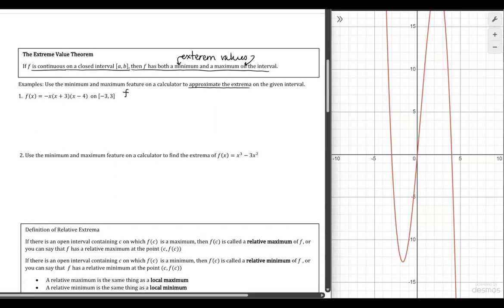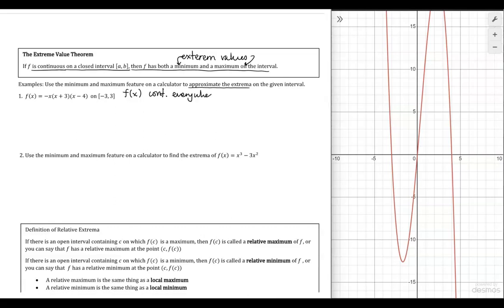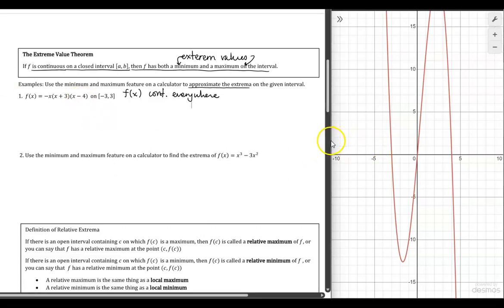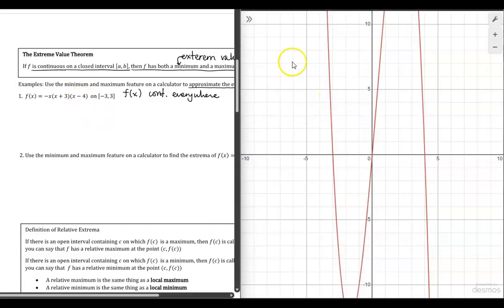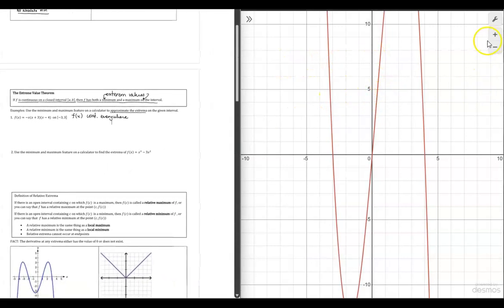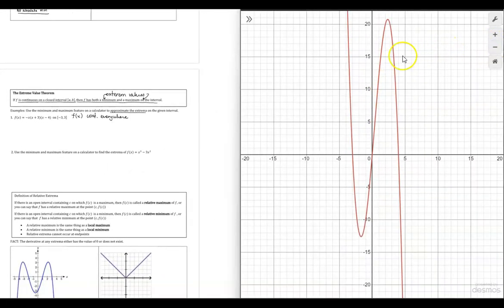Notice that because f of x is a polynomial, it is continuous everywhere, and so the extreme value theorem does apply. So I went ahead and graphed this function off to the right on Desmos. The graph looks a little strange right now, so I'm going to zoom out until I see something that makes a little bit more sense. And this does make sense because we know this is a third degree polynomial.